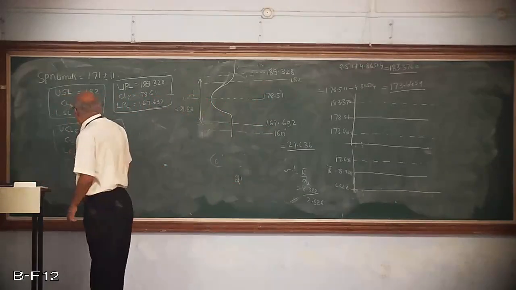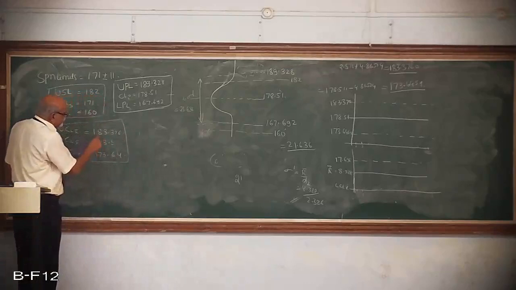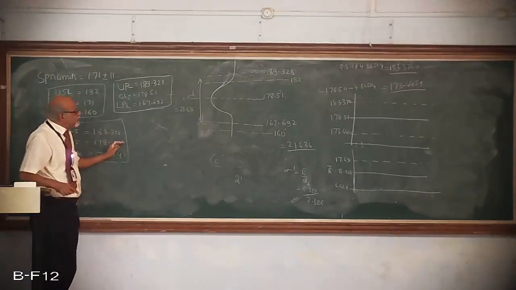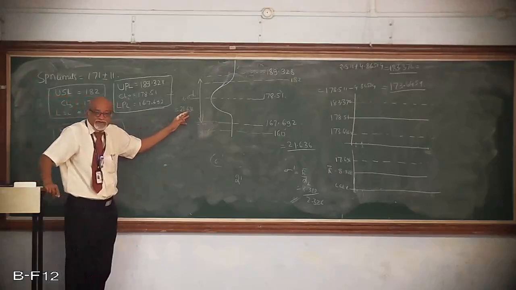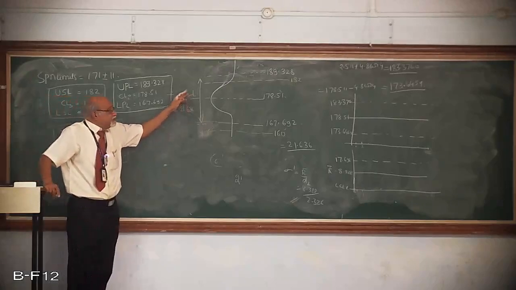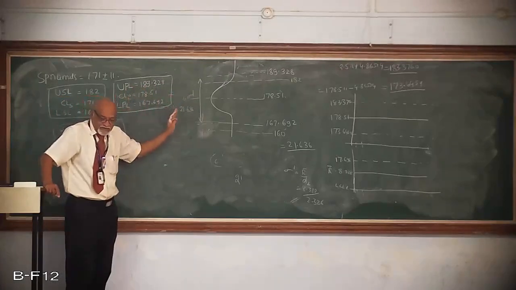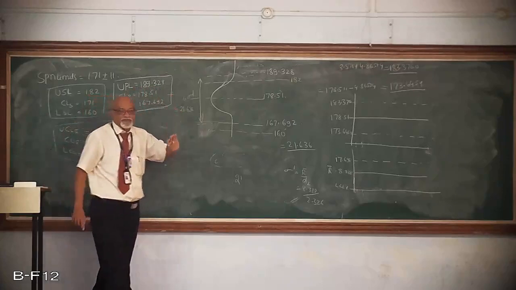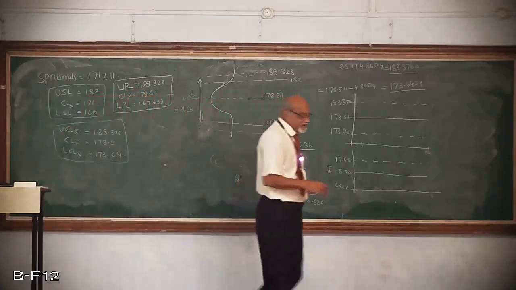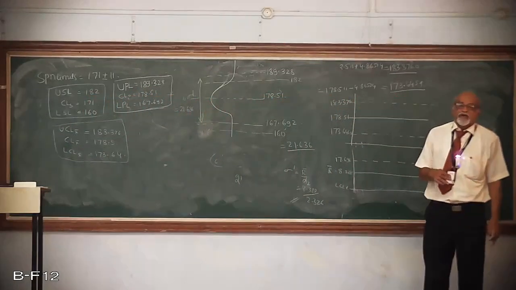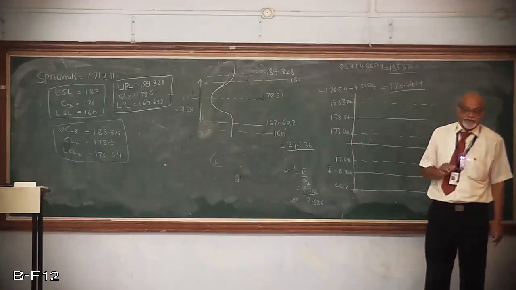Between 183.376 and 173.64, the difference is approximately 10 mm. Here the difference is 21.636. The difference which can be tolerated is 22 mm. That means you can see what should happen, which limit has to be more and which less or equal to. Those things we are going to discuss.